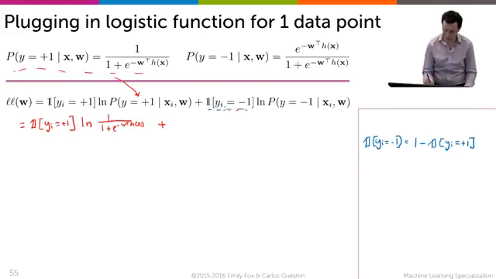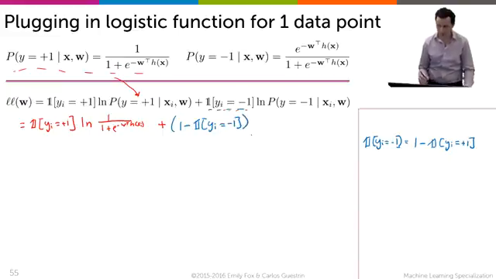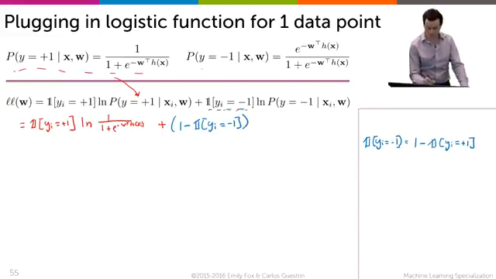So let's plug in what we just learned. From the second term here, we get 1 minus the indicator that yi is equal to +1. And we're going to plug in the definition of the probability that y equals -1.